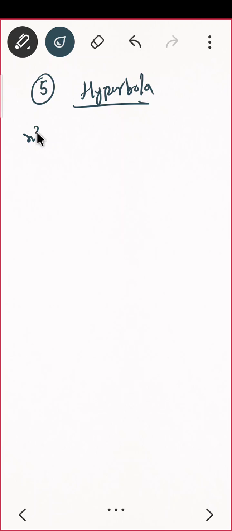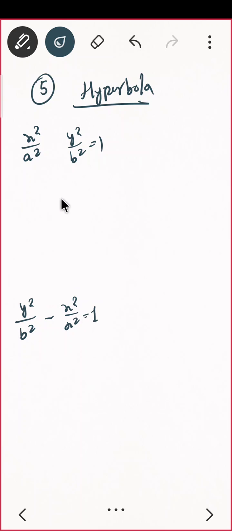Okay. The fifth one, that is hyperbola. What is the equation for hyperbola? What is the graph of this part?